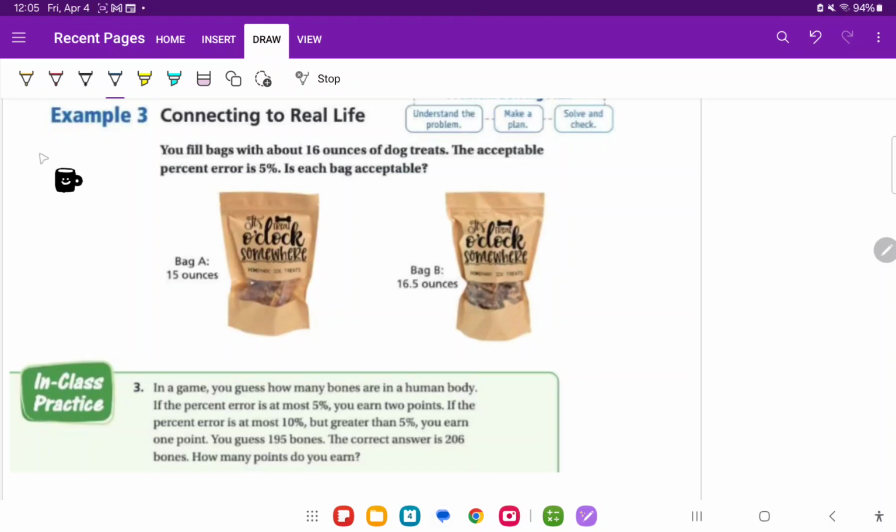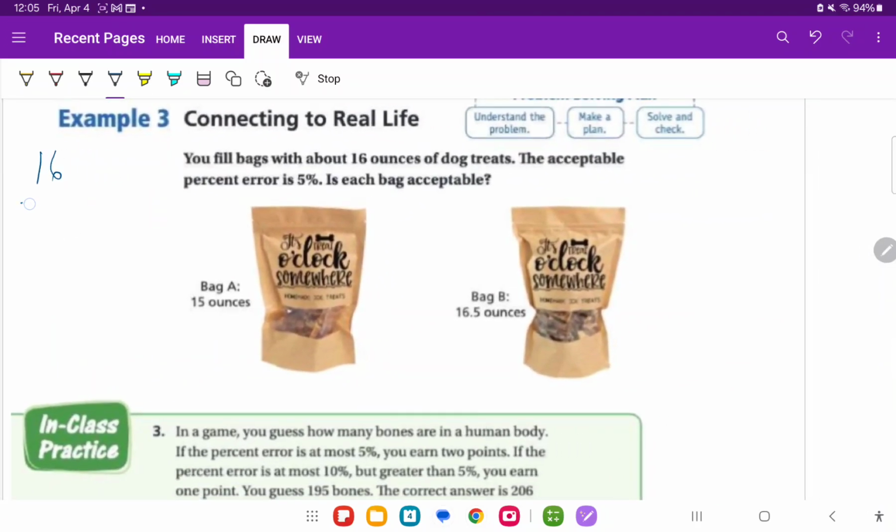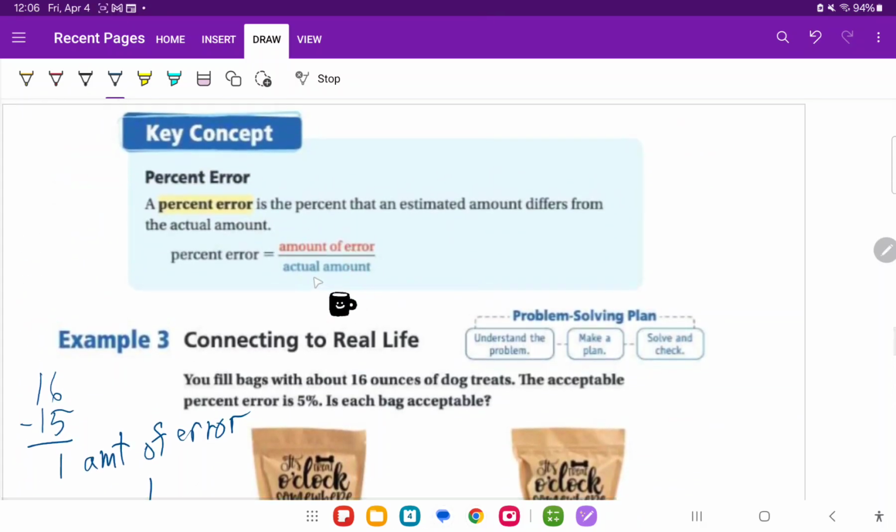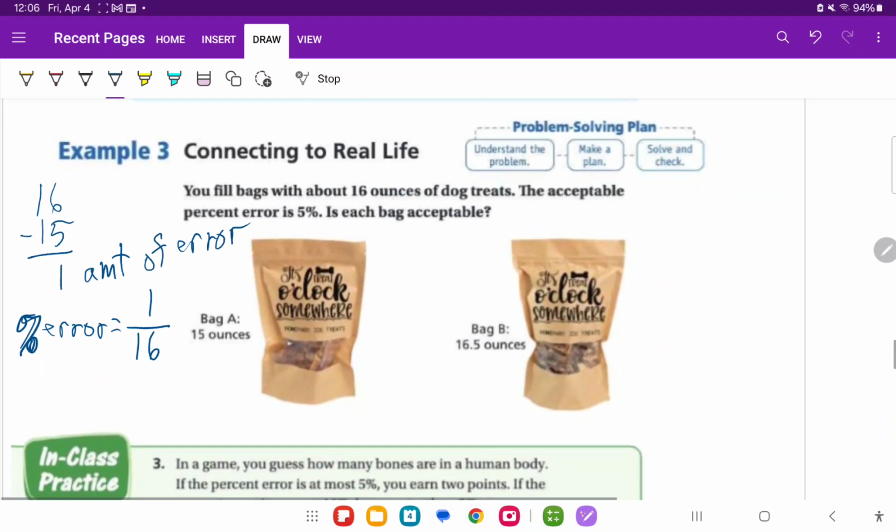So we wanted it to be 16. This actually only has 15 in it. So if we subtract that, that's a 1. So that's the amount of the error, right? So to get the percent of the error, we take the amount of the error divided by what we actually wanted. We wanted 16.